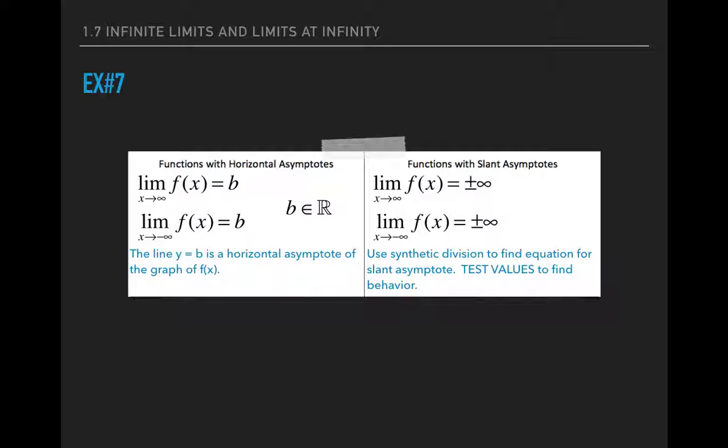Slant asymptotes occur when you take the limit of your function as it goes to infinity, and it is in fact either positive or negative infinity. And you would use synthetic division to find the equation for your slant asymptote, and then test values to find out what that end behavior truly is.